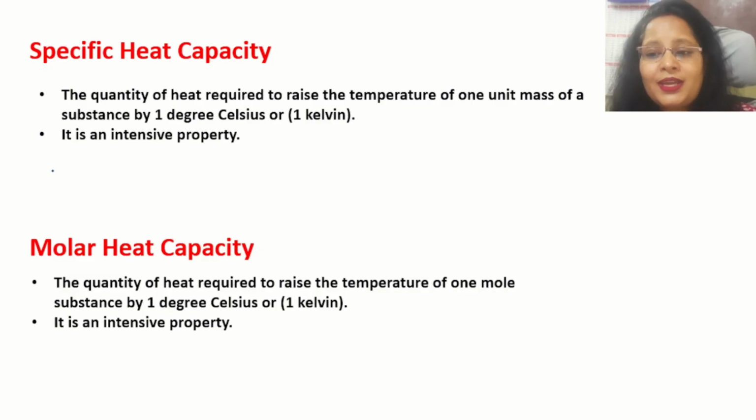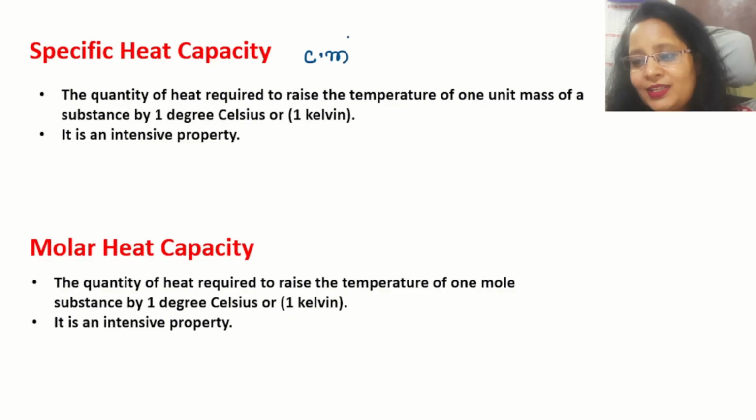So it is an intensive property because this doesn't depend on the amount of the substance. This is denoted by small c into m. We can say small c into m.